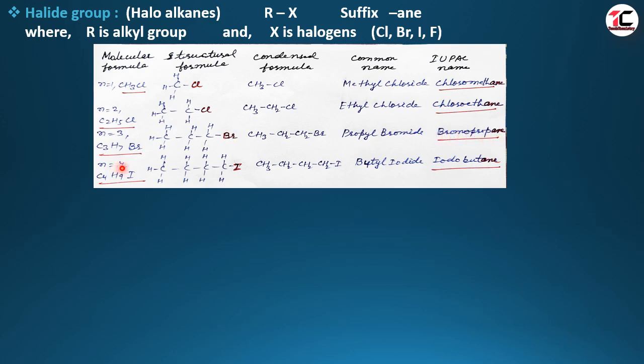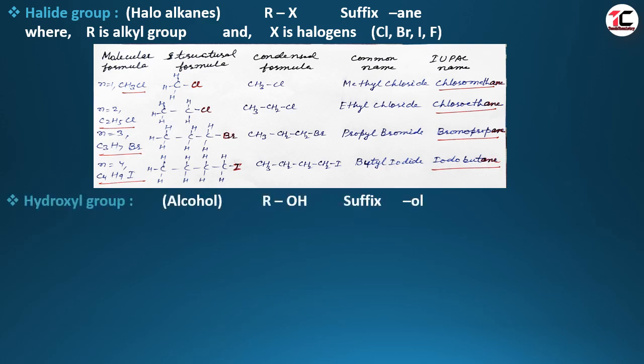For 4 carbon atoms, the molecular formula becomes C4H9, and suppose we take iodine in place of bromine or chlorine, then its common name becomes butyl iodide and IUPAC name is iodobutane.